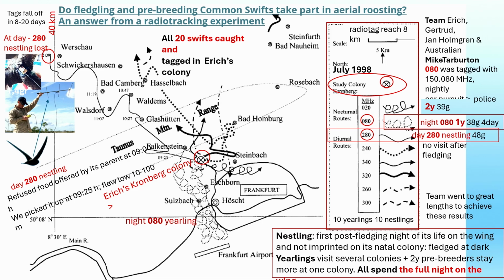And the team of Mike Taburton, Erich, and Jan Holmer from Sweden followed the swifts with an antenna like this in the sky.